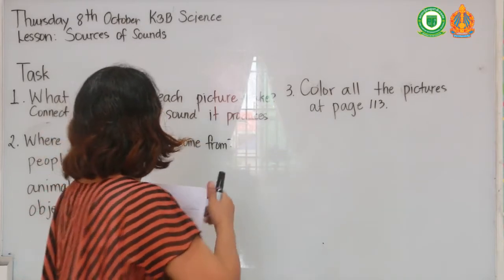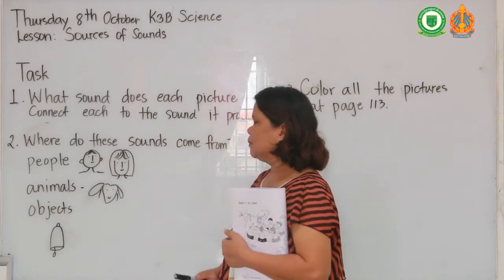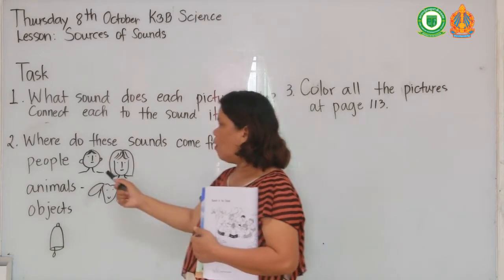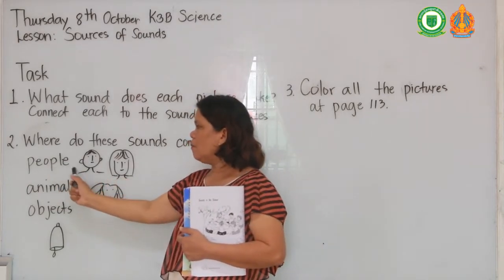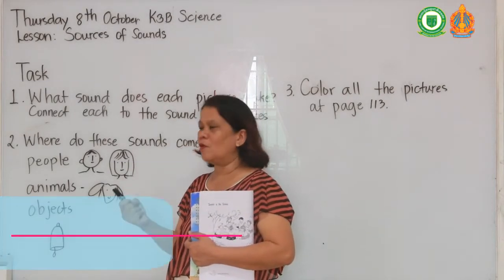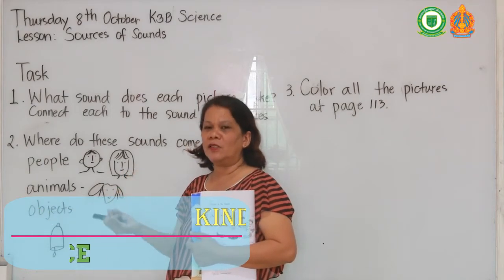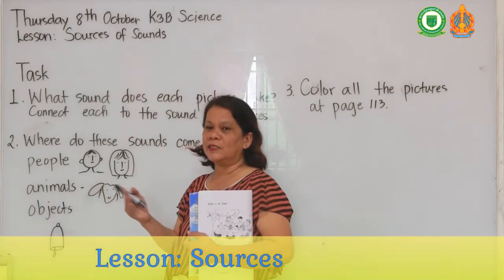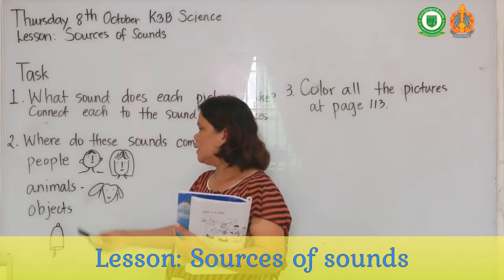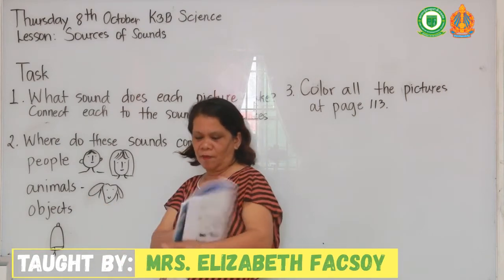For task number 2, where do these sounds come from? People means a group of children, group of big people, mama or father or mother, or boy or girls. We call them people. We are people, okay? This is animal, and here you can see a lot of animals.